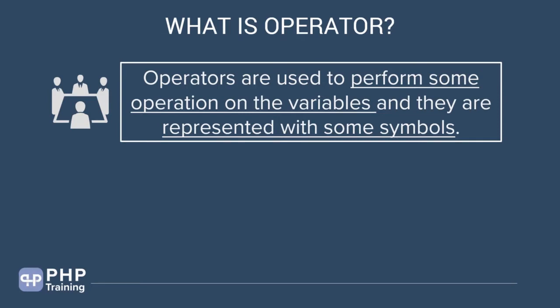Operators are used to perform some operation on the variables, and they are represented with some symbols. You will see some of the symbols when we go into arithmetic, conditional, logical, and assignment operators. You will see so many symbols, and each symbol has some kind of definition attached to it, and it does some kind of operation on the variables.